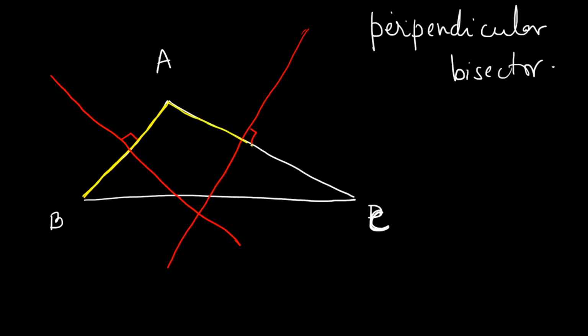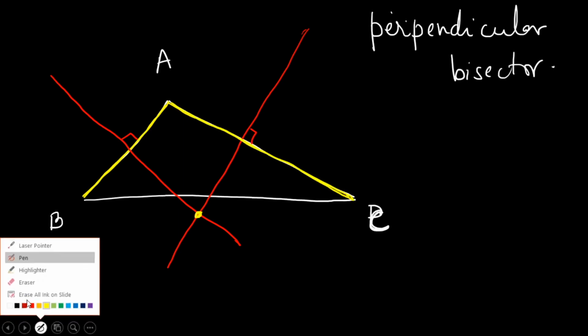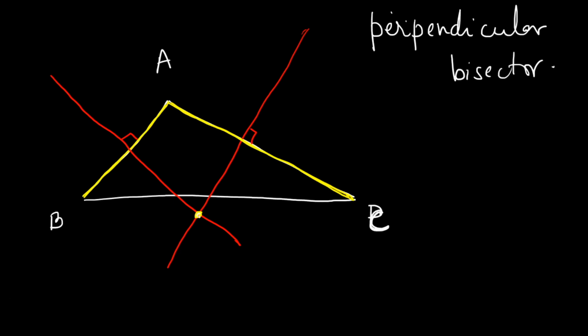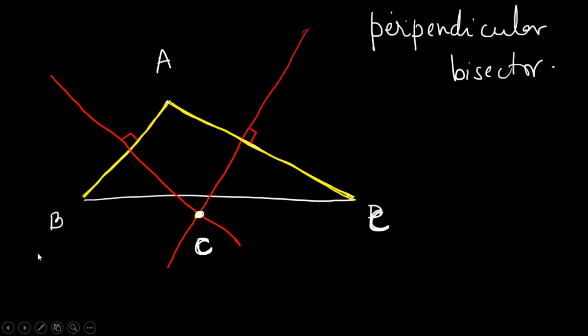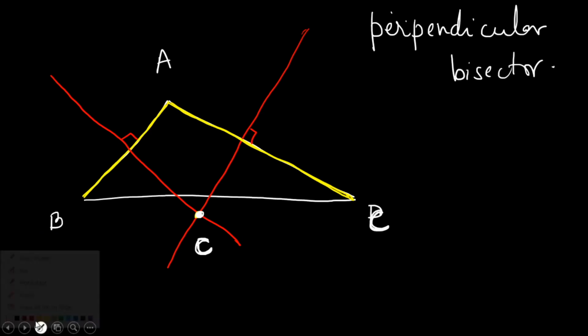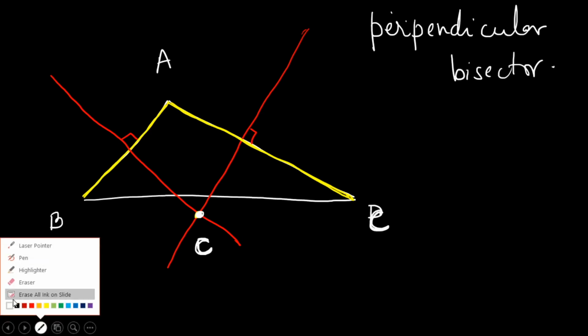Now these two perpendiculars intersect at a very special point, and we shall call it C. Okay, this C has a very interesting property which we shall now write down. So just to make sure that I don't lose you, I'm actually going to write it down. The two key statements that follow from this construction.